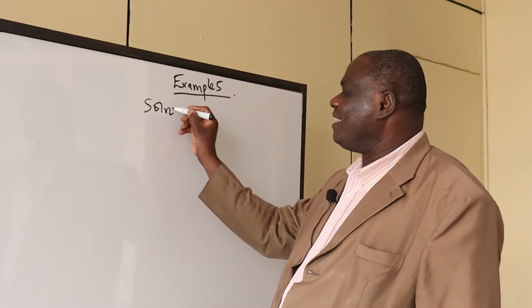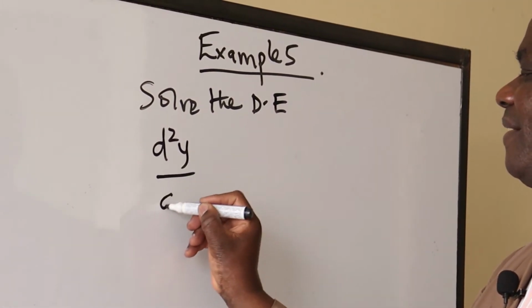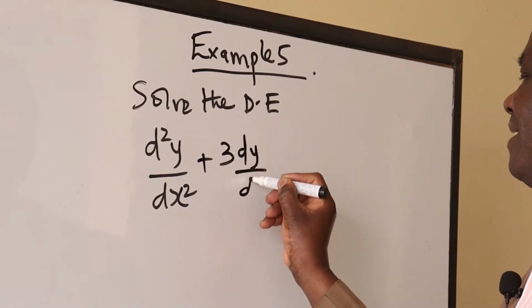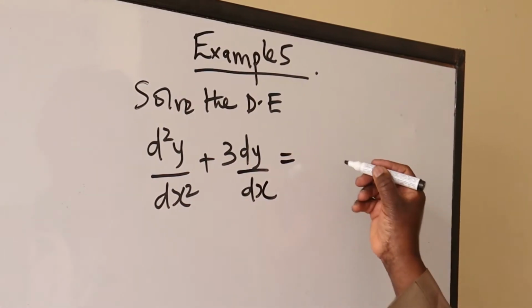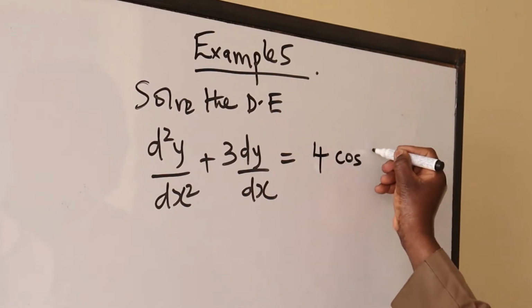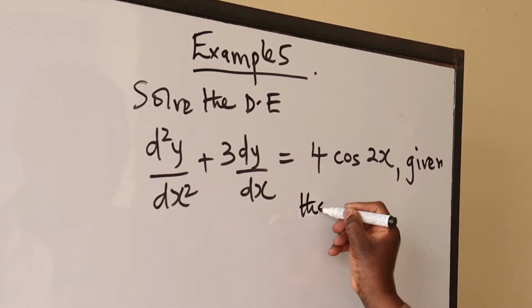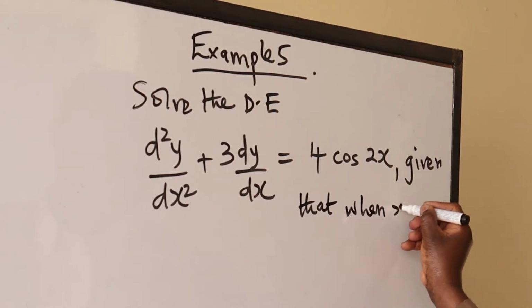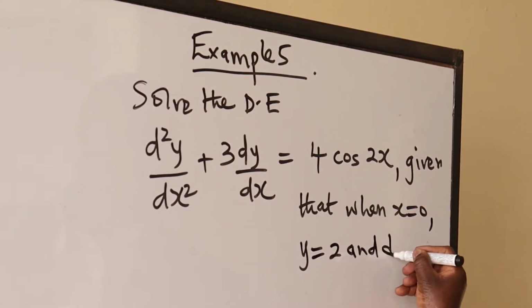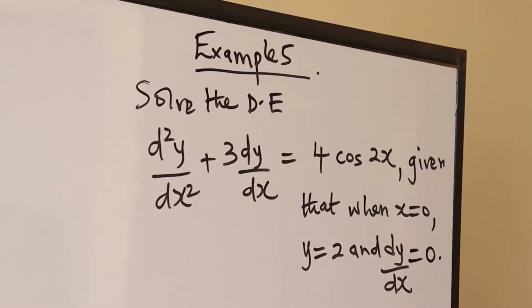So we say solve the DE, d squared y dx squared plus 3 dy dx is equal to 4 cos 2x, given that when x is equal to 0, y is equal to 2, and dy dx is also equal to 0.